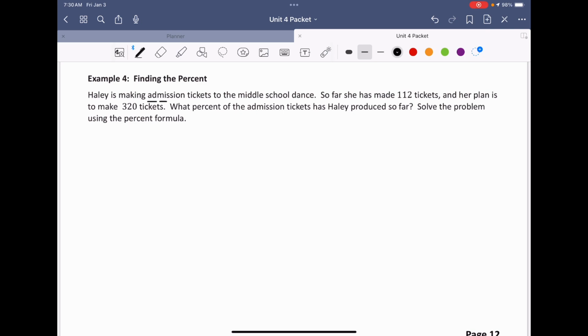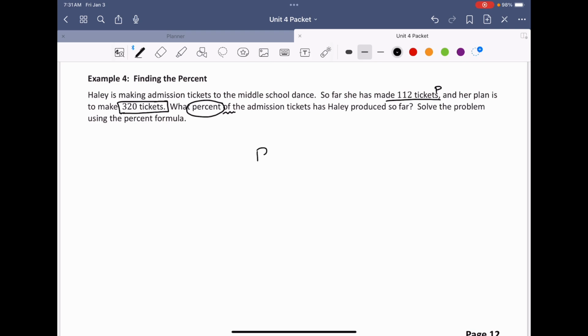So this 320 tickets should be our whole. That's how many she has to do in total. 112 tickets is the part. They want us to know what percent of admission tickets, so 320 is the total, the whole, has she produced so far.